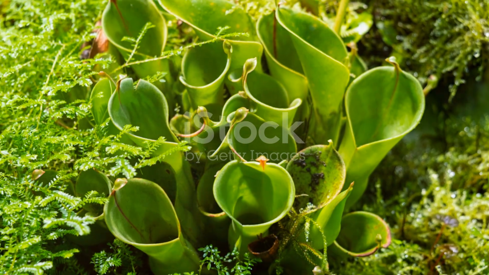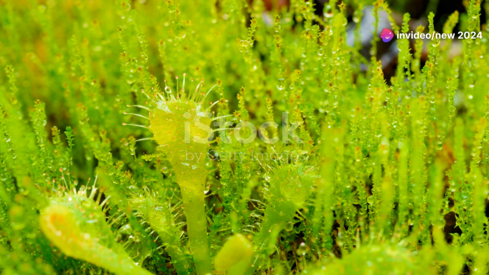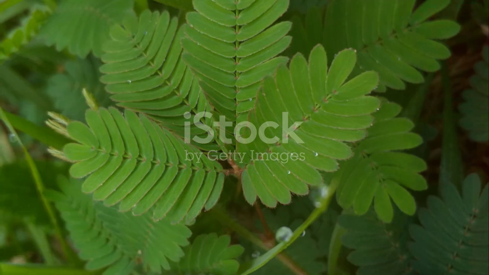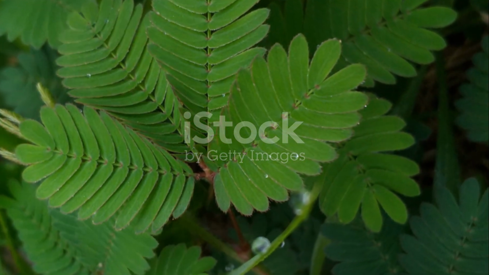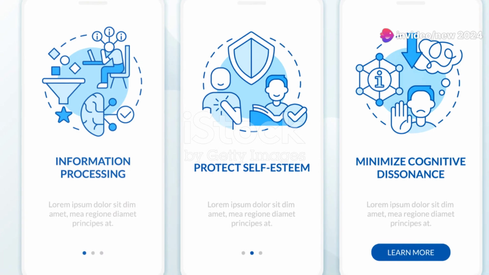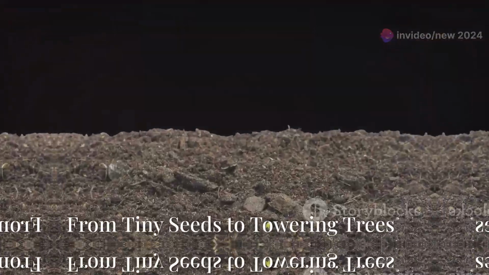The Venus flytrap, for example, has evolved a sophisticated trap mechanism that snaps shut when triggered by the delicate touch of an unsuspecting insect. Our own senses, sight, smell, taste, touch, and hearing, are all examples of sensitivity in action. Sensitivity, then, is more than just a passive awareness of the environment. It is an active process of information gathering and response.